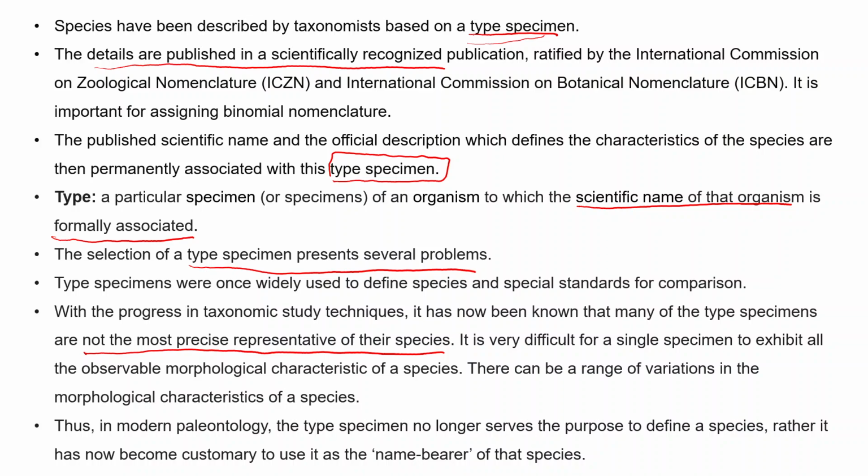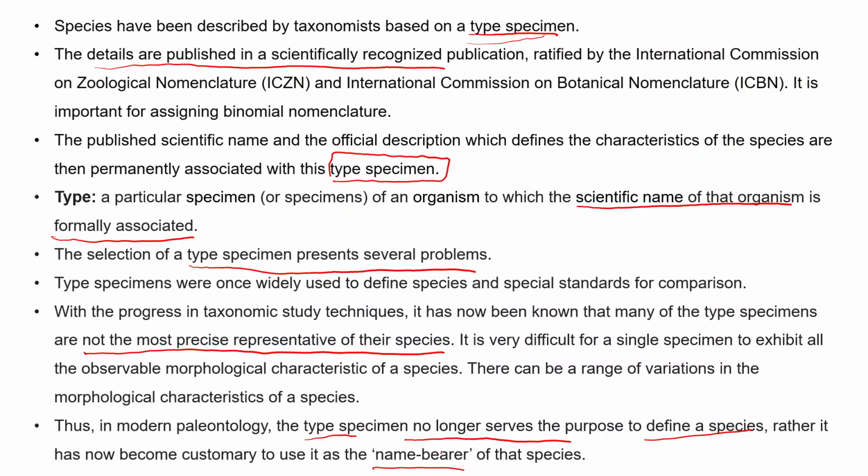So in modern paleontology, the single specimen discovered for the first time for description of a species is more or less no longer used for the definition. Rather, it has become the name bearer.